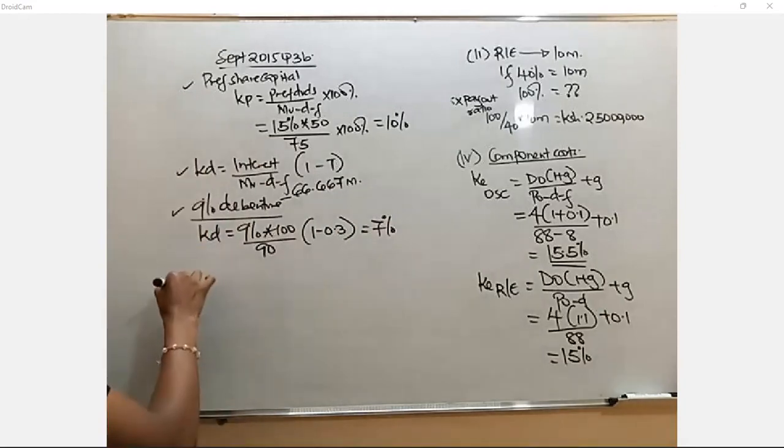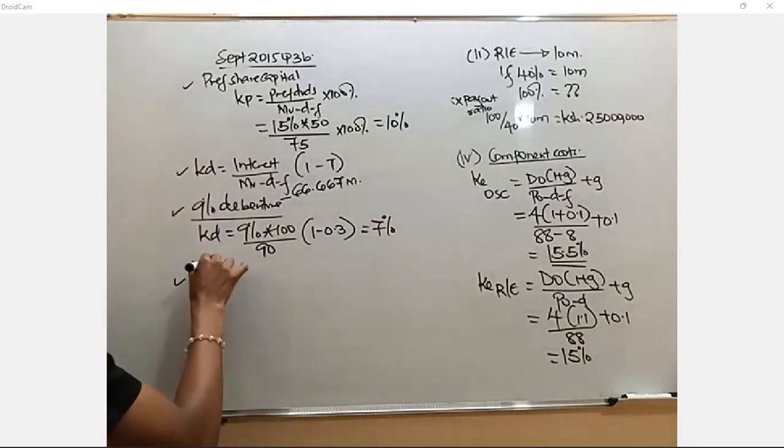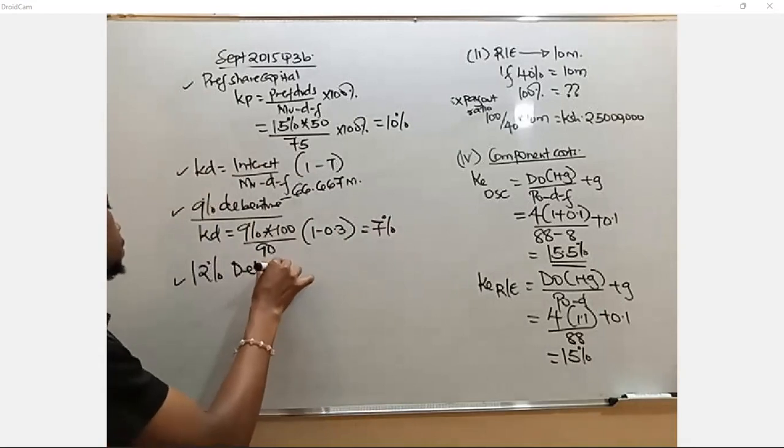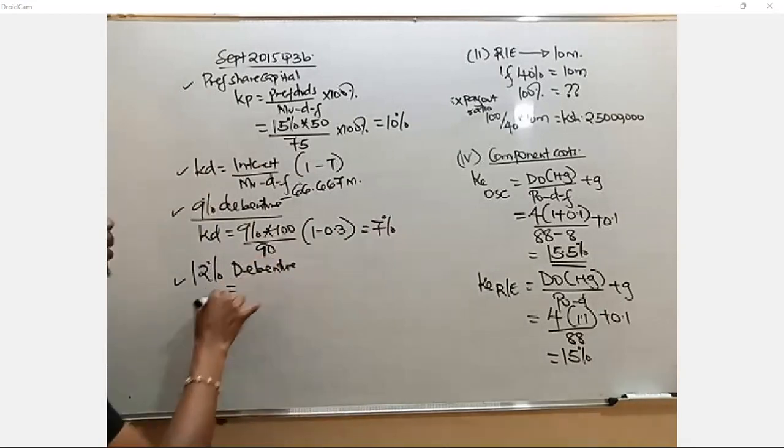Then the second one, we are told we can also use 12% debenture. How much will the 12% be? As you continue bullet number 1, we are being told any extra debt finance will be raised through the issue of 12% debenture at 960 each. The par value is 1,000.